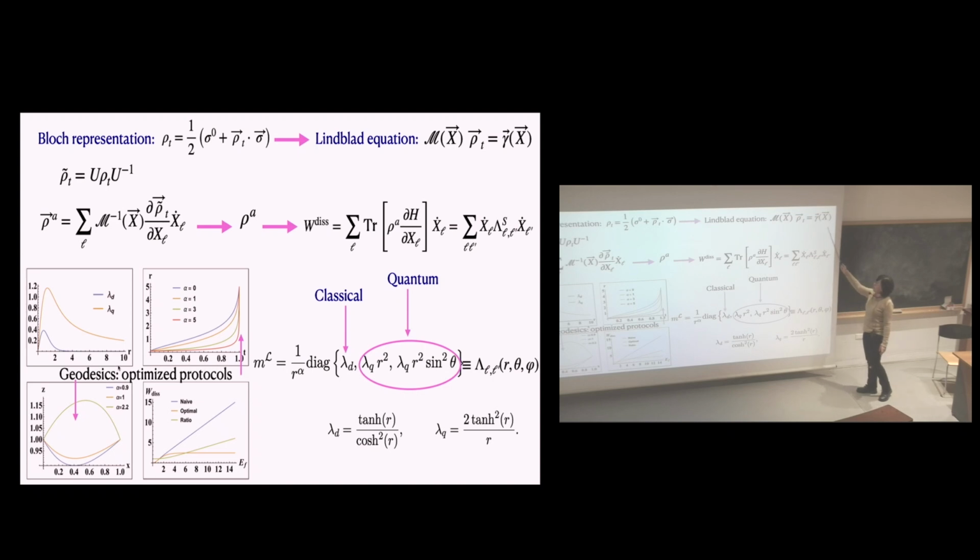This is for the steady state, so this gives me the solution for the steady state of the frozen system, and from there we can transform back to the laboratory frame and calculate the adiabatic correction. Given this vector, I can recover the matrix and calculate the dissipated power. So the dissipated, this is power, sorry, not work.